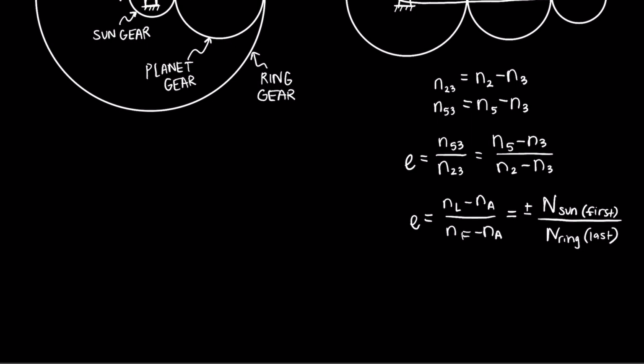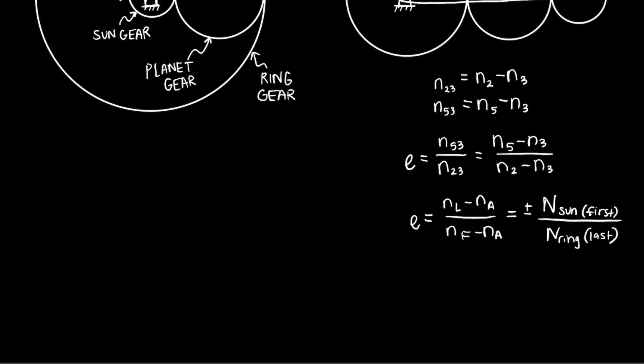And the sign is going to, again, just tell you whether the first and last gears are rotating in the same direction or in the opposite directions. And the easiest way to do this is to hold the arm stationary and rotate the first gear and then see if the last gear rotates in the same direction or in the opposite direction.